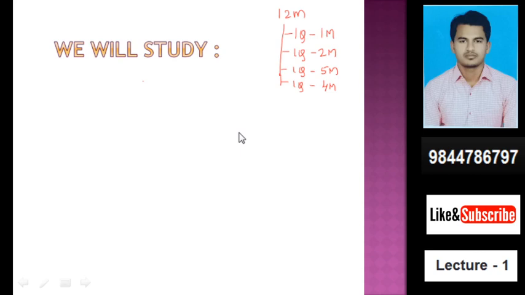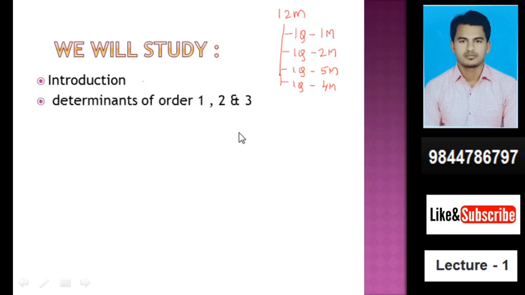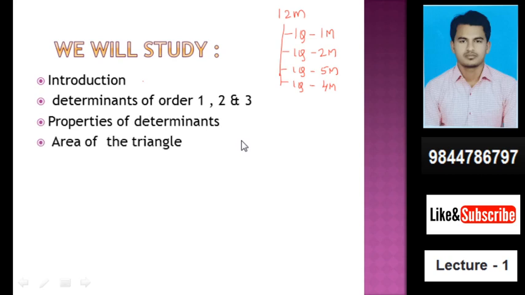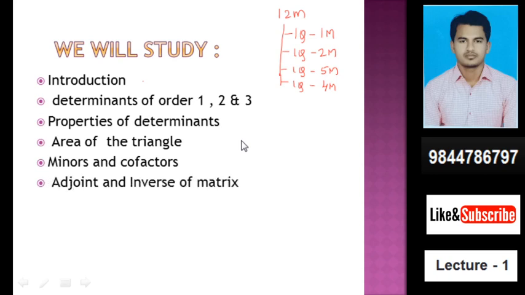According to your syllabus, we will study introduction, determinants of order 1, 2 and 3, properties of determinants, area of the triangle, minors and cofactors, adjoint and inverse of the matrix, system of linear equations.